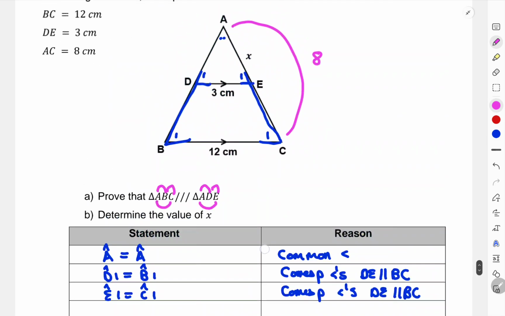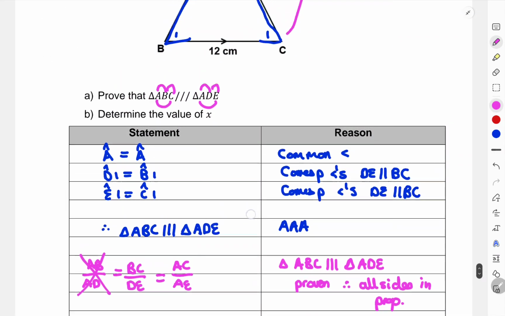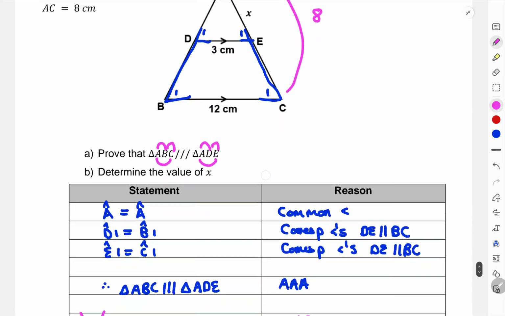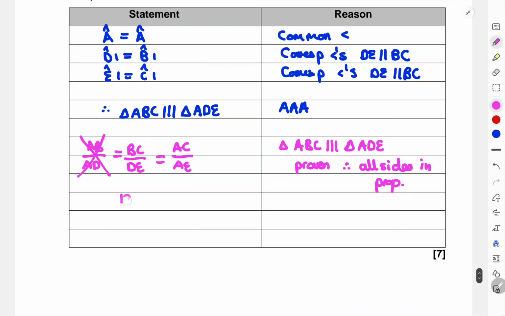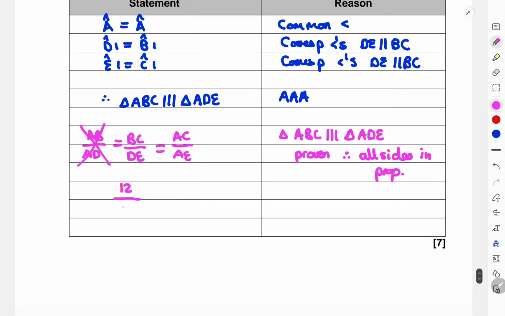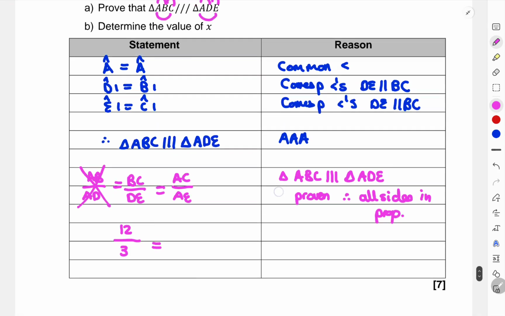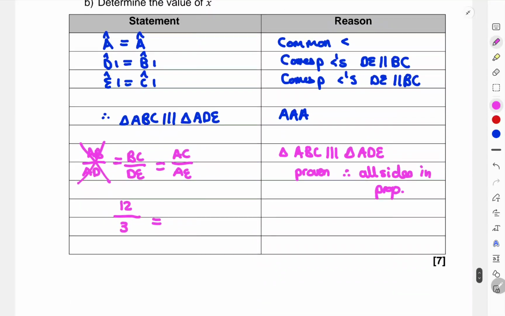Okay, what is AB's length? We don't have it, so this one again, we're not going to make use of that fraction. BC is 12, and DE is 3. AC, they told me, is 8.